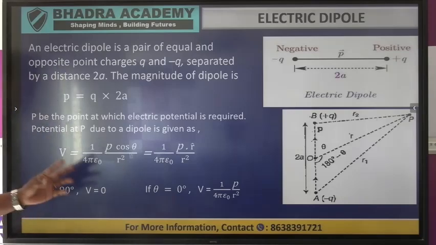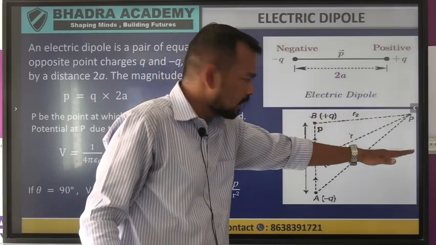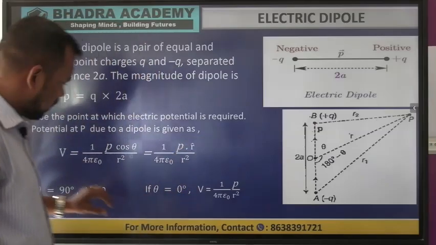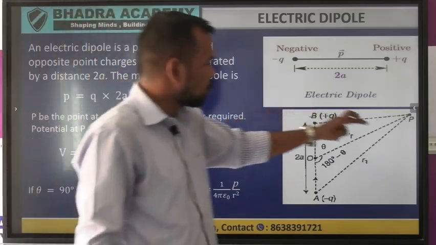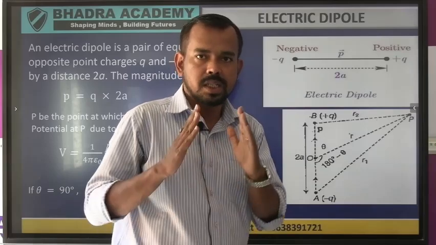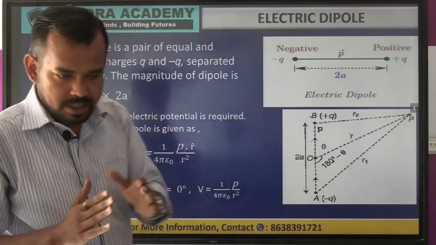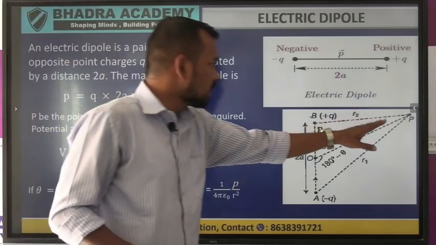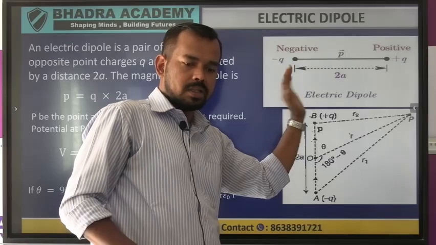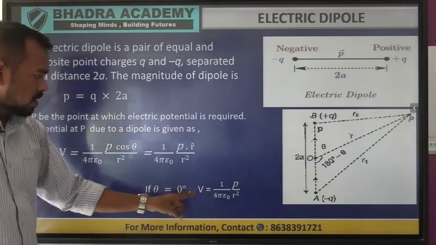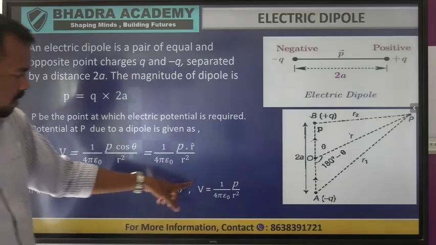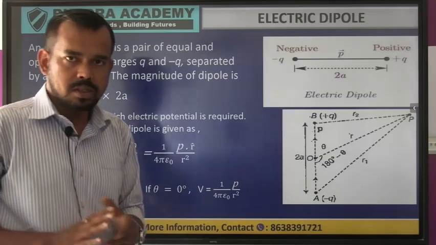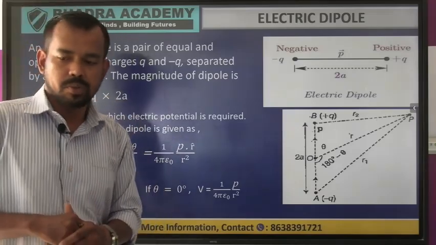If theta is 90 degrees, perpendicular to the dipole, the potential becomes 0, because plus q and minus q contribute equal and opposite effects. If theta is 0 degrees, aligned with the dipole, the potential is 1 by 4 pi epsilon naught times p by r square.